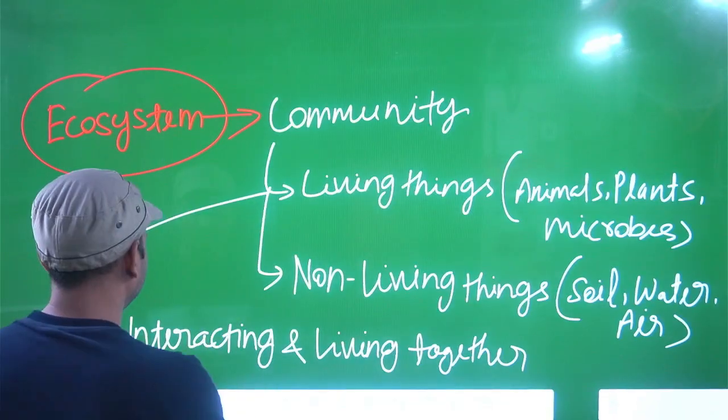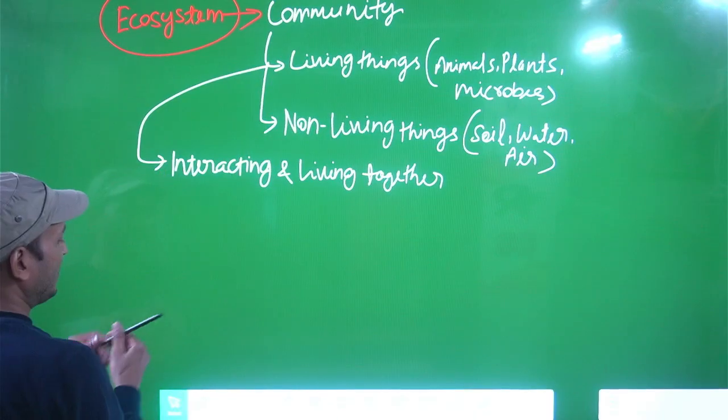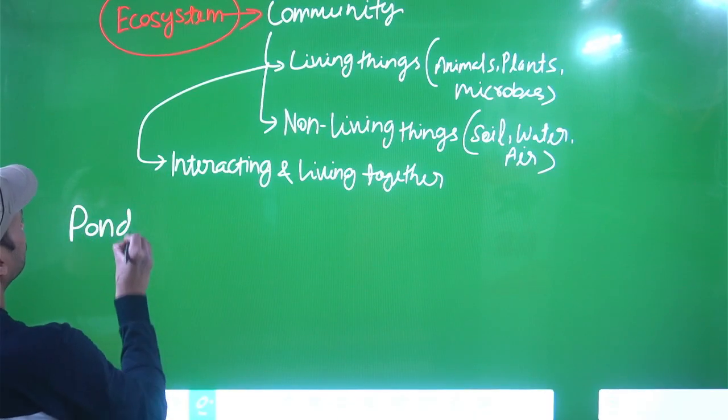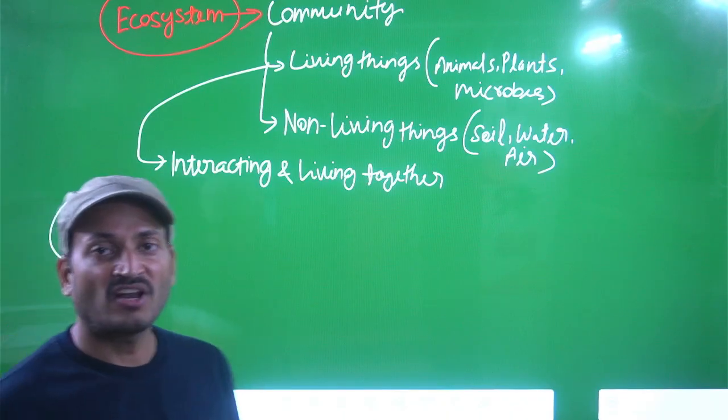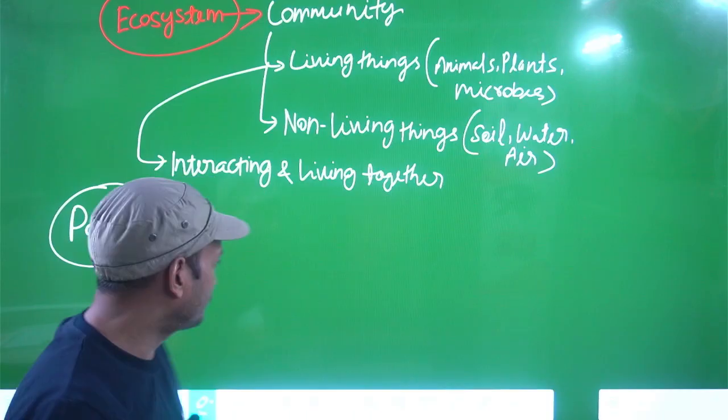For example, we can take the example of a pond ecosystem. A pond is also one of the types of wetlands, as we know.